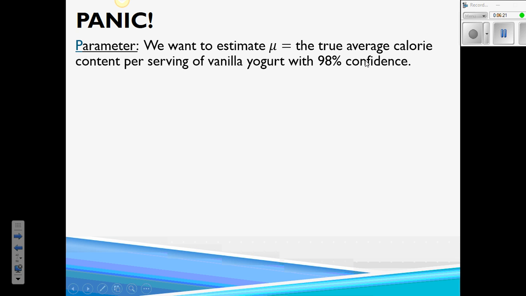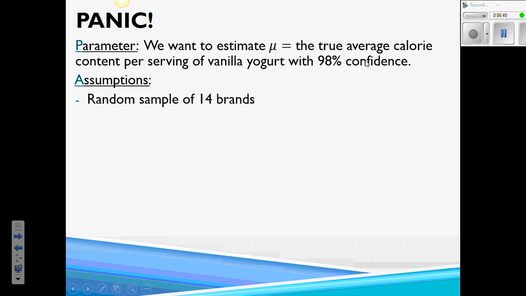All right, so after our parameter, what do we do? I kind of already gave it away. You're going to do your assumptions. What's the big assumption here that we're going to need to check first? Random sample. Did it come from a random sample? Yes. So we need to state that it was a random sample of 14 brands.